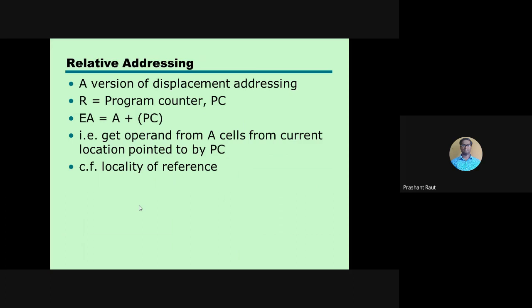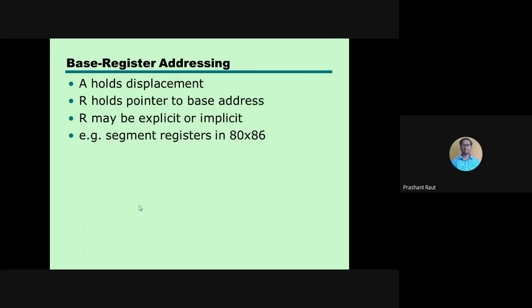Relative addressing: you get the position relative to the current program counter, so relative to the program counter position you get the next location where the operand is stored. Base register means the register holds the pointer to the base address and A holds the displacement.